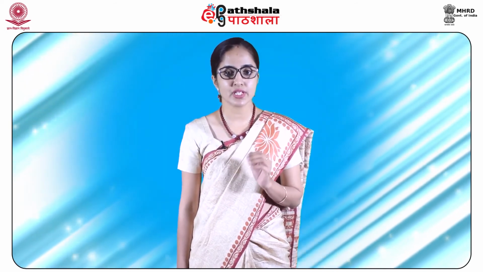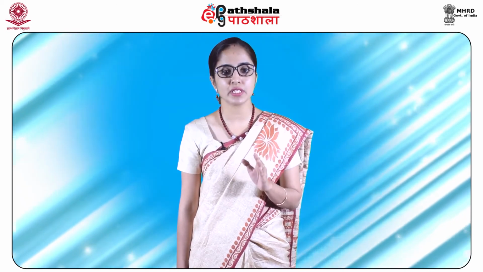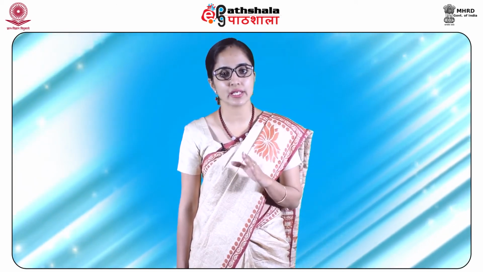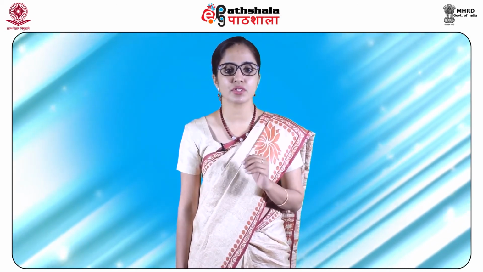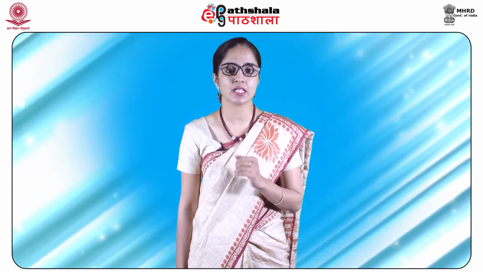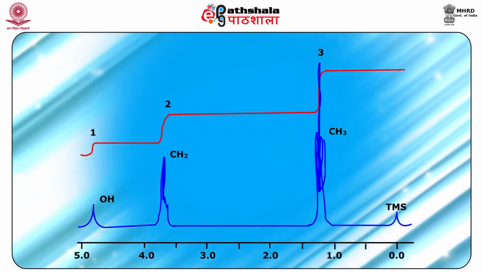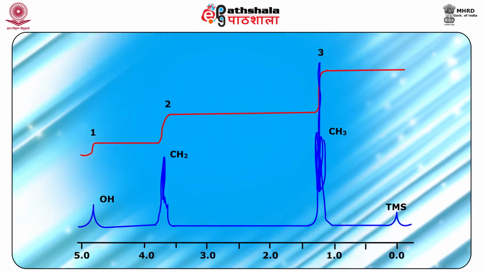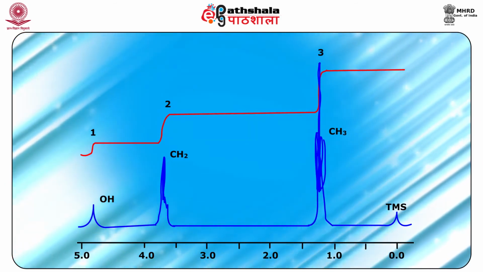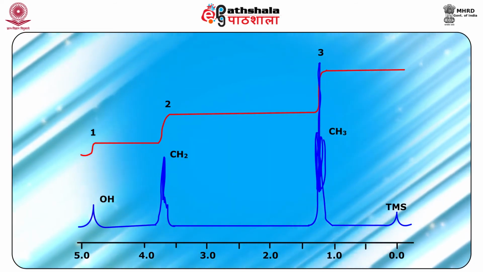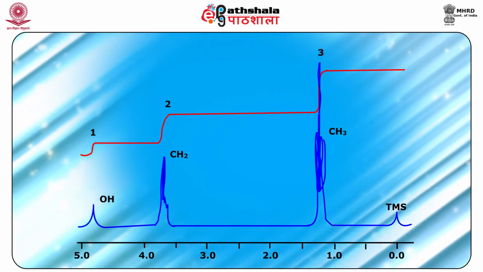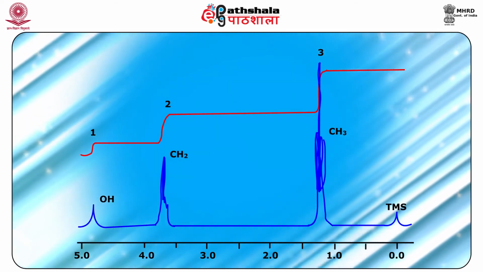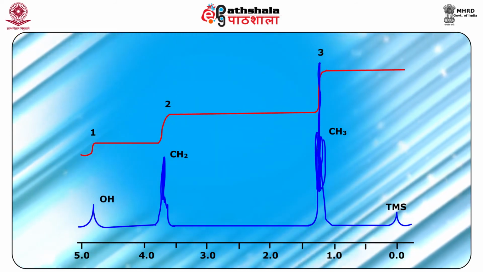This is an important relationship when samples incorporating 2 or more sets of hydrogens are examined, since this relationship allows the ratio of hydrogen atoms in each distinct set to be determined. Now students, in the proton NMR of ethanol, which is shown with the integral line, there are 3 distinct types of protons in ethanol, due to 3 hydrogens in the CH3 group, 2 hydrogens in the methylene group, and 1 hydrogen in the OH group.